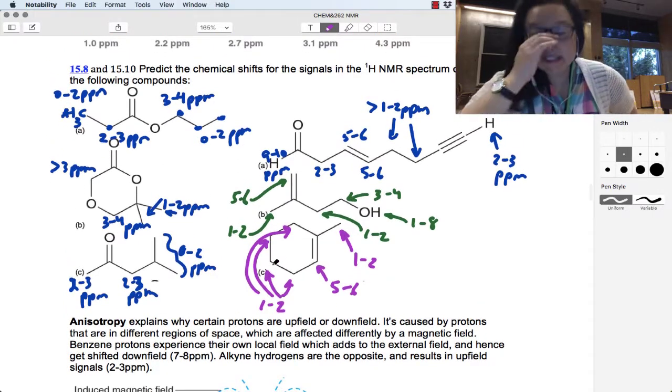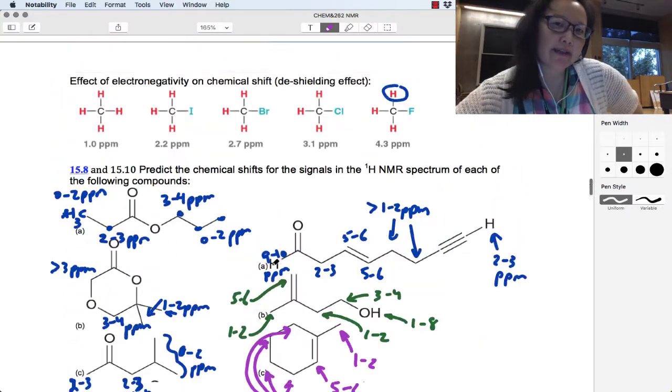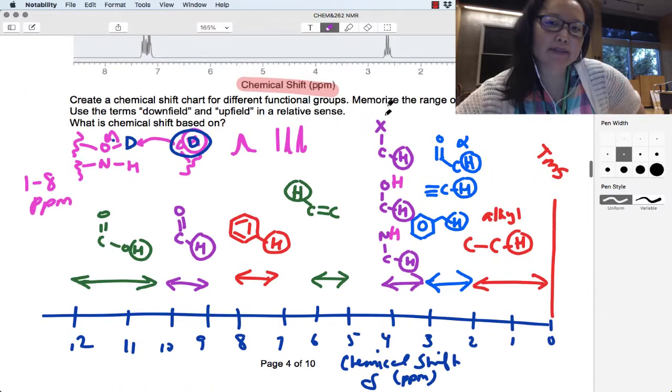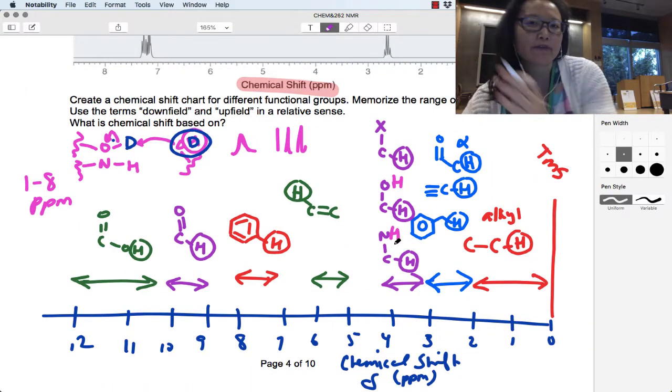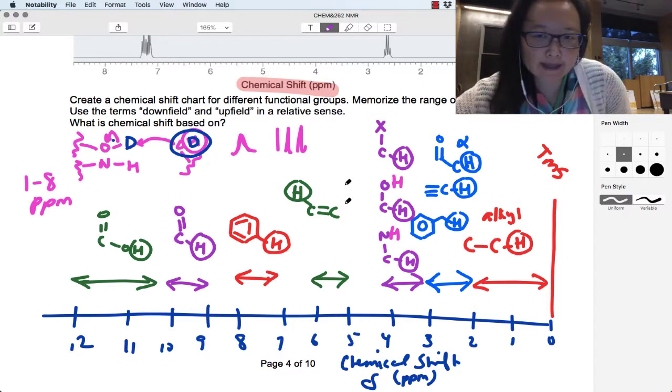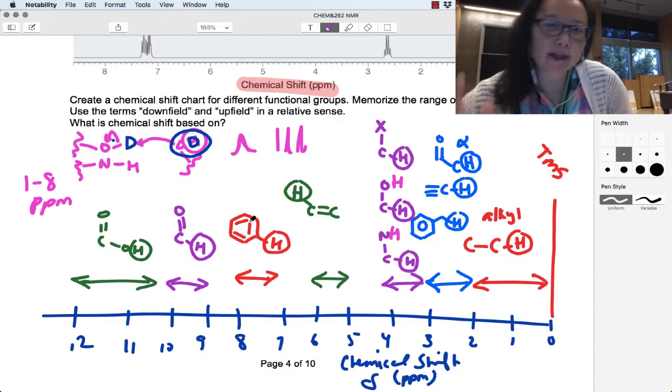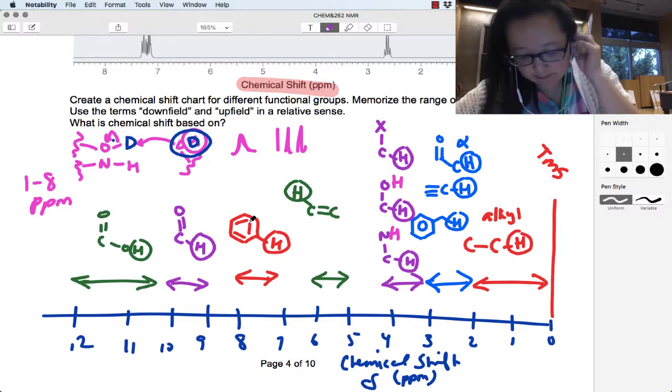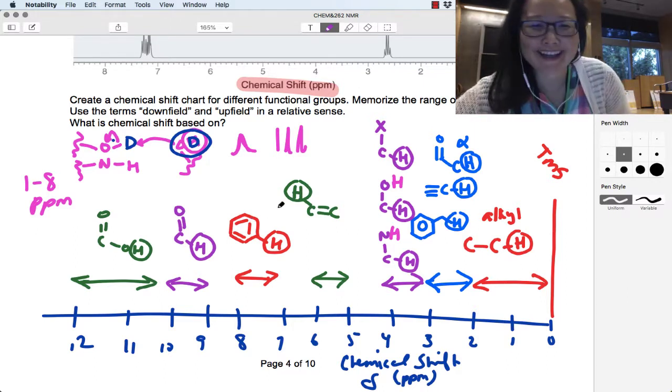So we talked about de-shielding, and we talked about shielding and the effect of electronegative atoms like these on shifting the values downfield a bit. Now, why is it that we have these double bond or pi systems that shift it even more downfield? Now, you might say, or I would say, that the hybridization is different.